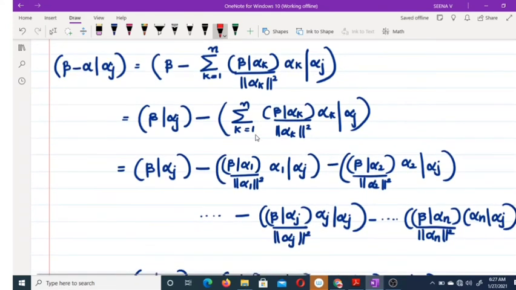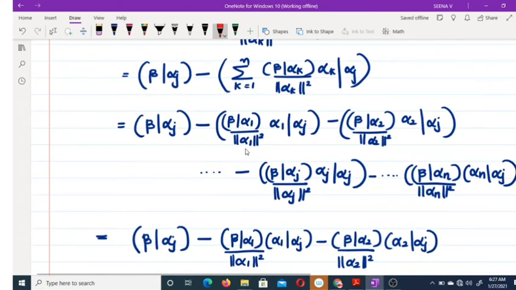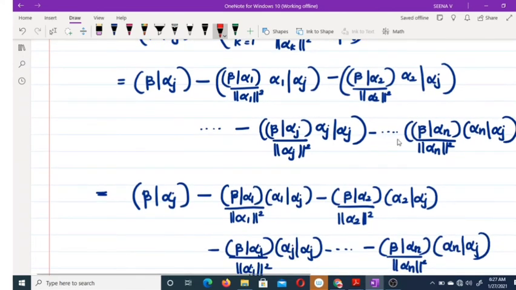Okay, so I am expanding the sum: suppose k equals 1, this becomes the inner product of beta and alpha 1 by the norm of alpha 1 square, times alpha 1. Simplifying this, we get the inner product of beta and alpha 1 divided by the norm of alpha 1 square, times the inner product of alpha 1 and alpha j, and this one alpha 2 and alpha j, etc. And here all the terms are 0 because the alpha j's are orthogonal.